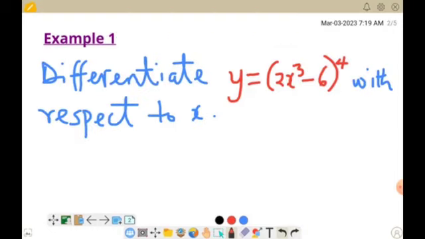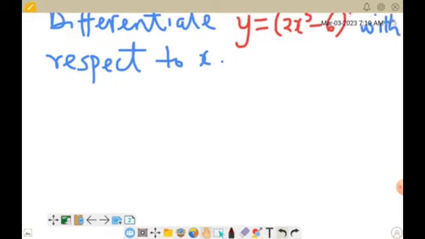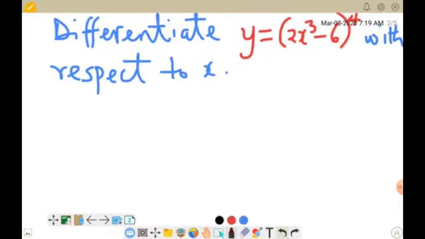Example 1. You are to differentiate y equals (x cubed minus 6) all to the power of 4 with respect to x. How do we go about this? Alright, let's get started.